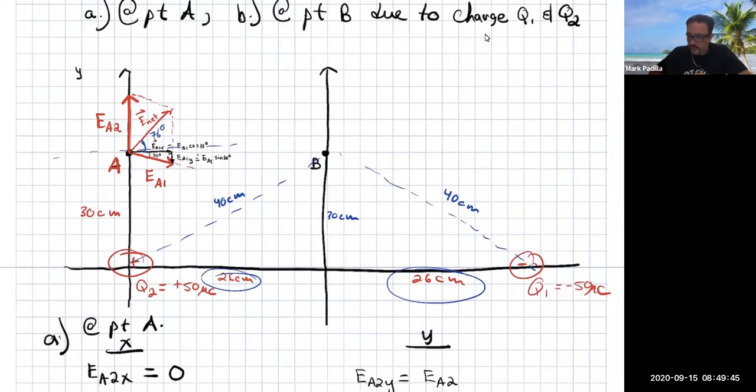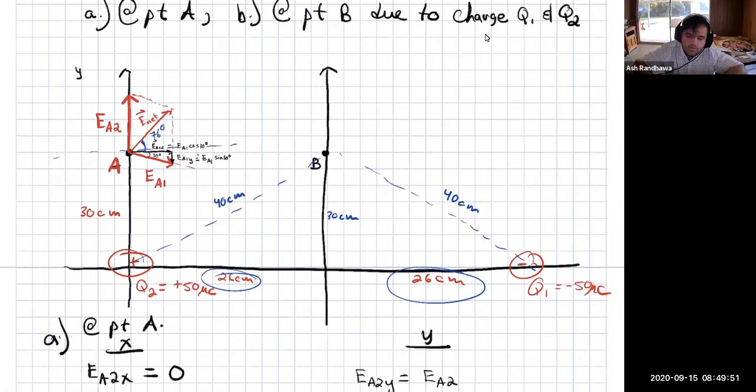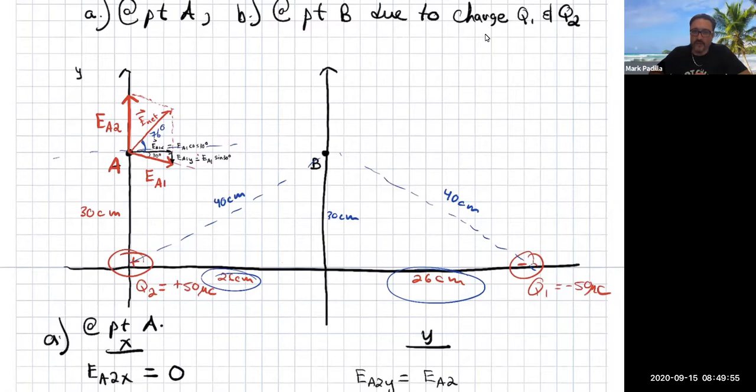Which way would the vector field due to charge 2 point? What quadrant would it point to? Quadrant 1. So that would be E, or what am I going to call this?